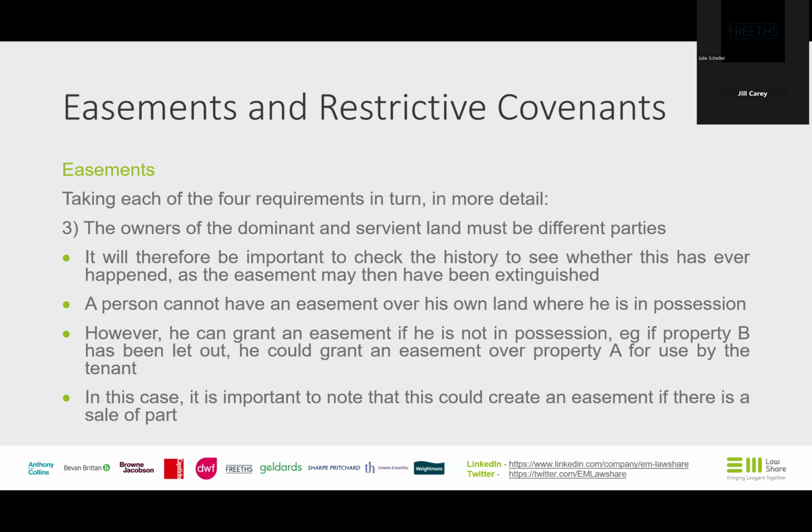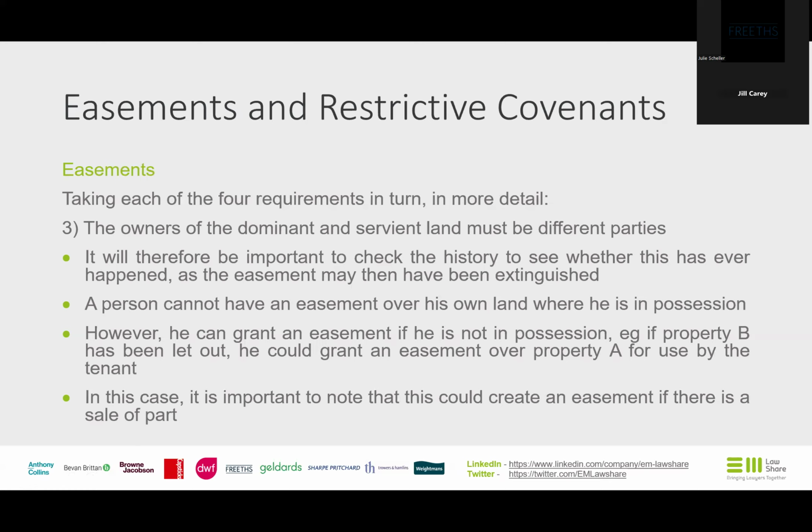So again, your legal team or your external lawyers will need to go back and look at the history of the titles to see whether they've ever been in common ownership since the easement was created. You cannot have an easement over your own land where you're in possession of it, but you could grant an easement over land if you are not in possession.